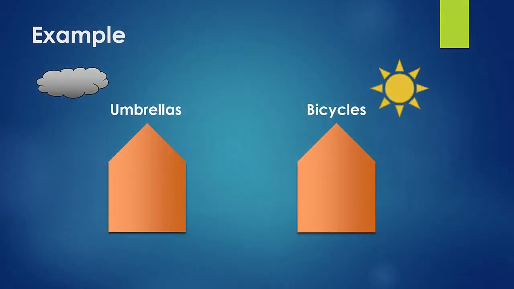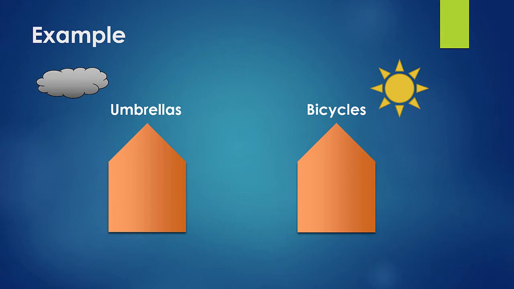Well, both of these businesses are very influenced by the weather. So during rainy days, the business selling umbrellas is going to make a lot of money, but they won't make any money on sunny days because no one wants to buy an umbrella in the sun. The other business that sells bicycles is going to make a lot of money on sunny days, but it won't make any money on rainy days.